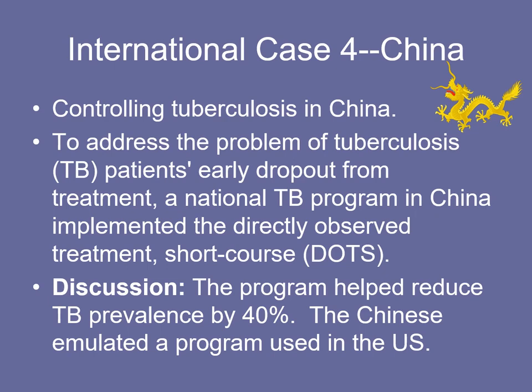The other interesting component to this case is it shows how countries can learn from one another, how China looked to other countries, in this case the United States, to address an issue they had regarding tuberculosis. And it turns out that the whole issue of tuberculosis and the disease prevalence in that country is much greater than what it is in the United States.